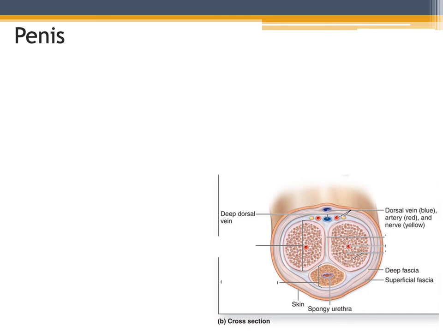To the dorsal side of the penis, we will have the large blood vessels, which will include the deep dorsal vein as well as the superficial dorsal vein. We will also have the dorsal arteries and the dorsal nerves.